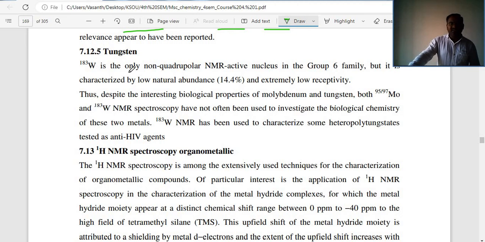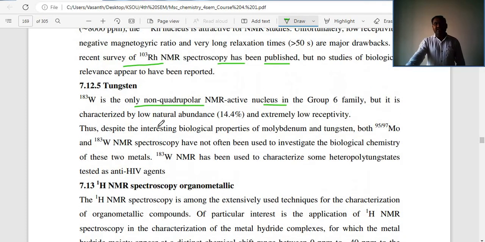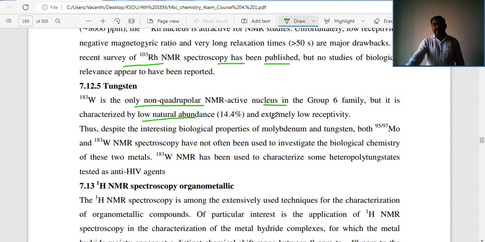Next, tungsten has only one NMR active nucleus, which is quadrupolar, and it is characterized by low natural abundance and extremely low receptivity.